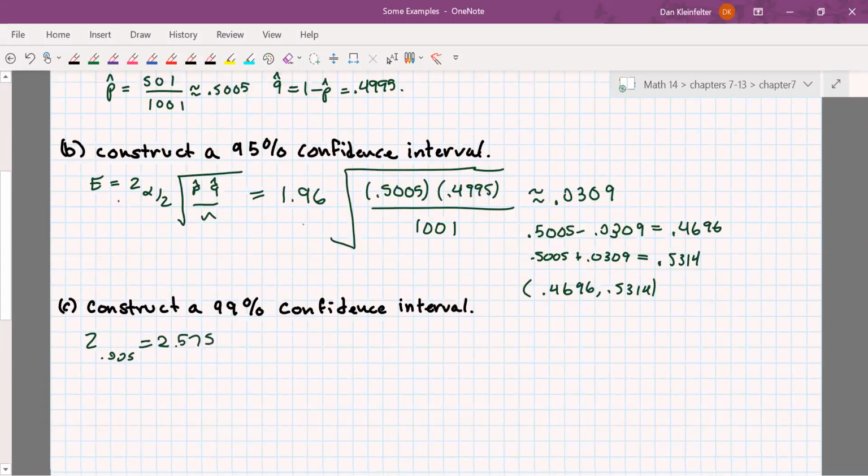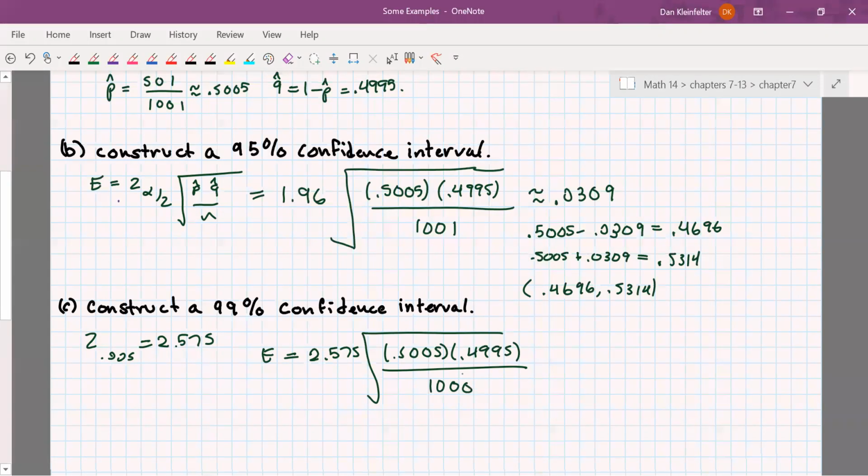So in our last calculation where we used 1.96, we'll be using 2.575. Our margin of error E will look like 2.575 times that same square root. All that's really changing here is our C. So let's go do that.